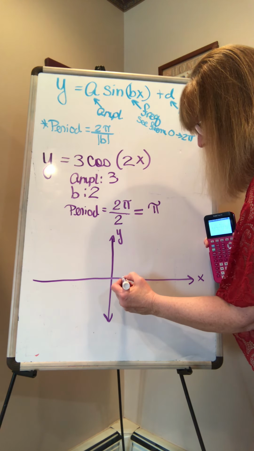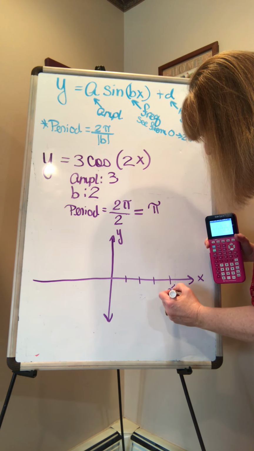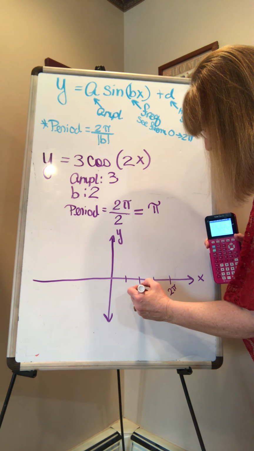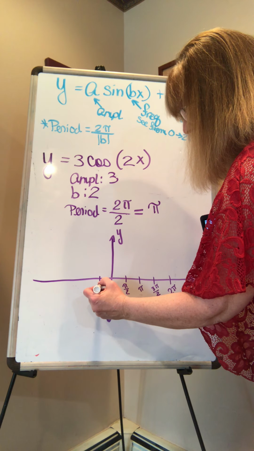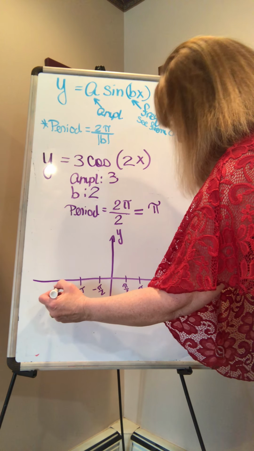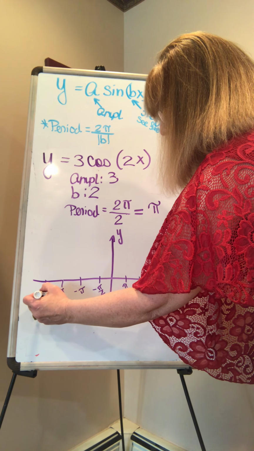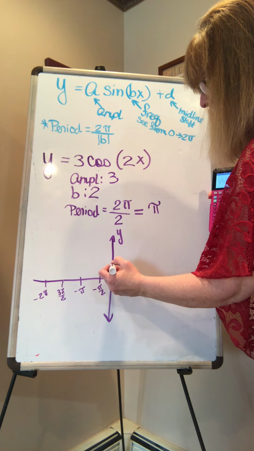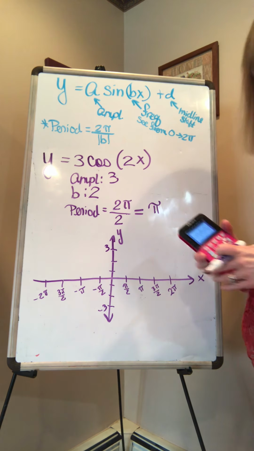So we have our 90, our 180, our 270, our 2 pi. But now we also have our negative 90, our negative pi, our negative 270, and our negative 2 pi. Our amplitude is 3. So we definitely need to have that.